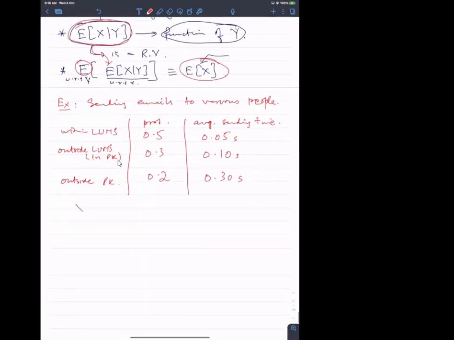So let x be equal to the sending time. It's a random variable. And y is your destination, which could be LUMS, within PK, or foreign.